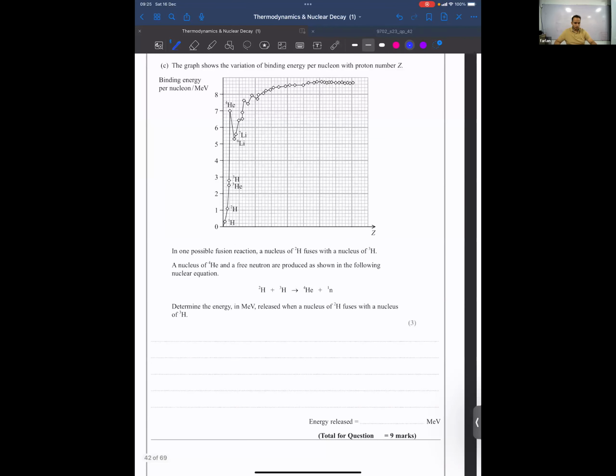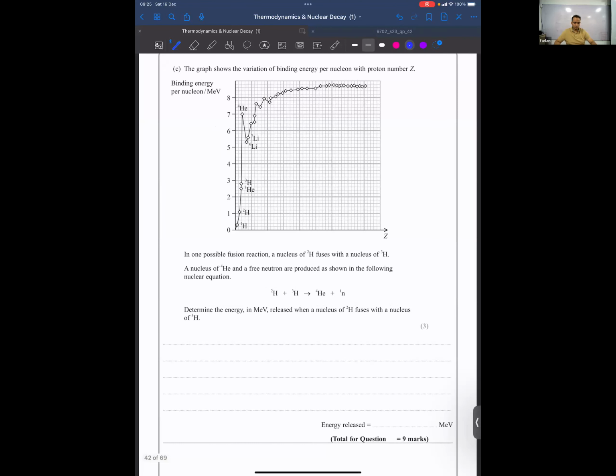In one possible fusion reaction, the nucleus of hydrogen 2 fuses with a nucleus of hydrogen 3. A nucleus of helium 4 and a free neutron are produced as shown in the following nuclear equation. Determine the energy in megaelectron volts released when a nucleus of hydrogen 2 fuses with a nucleus of hydrogen 3.